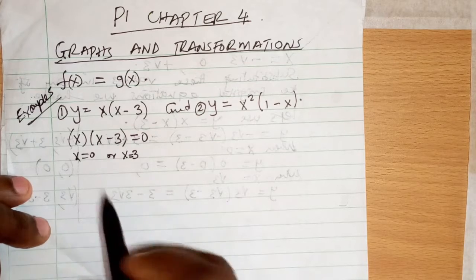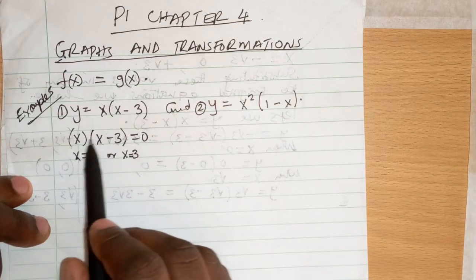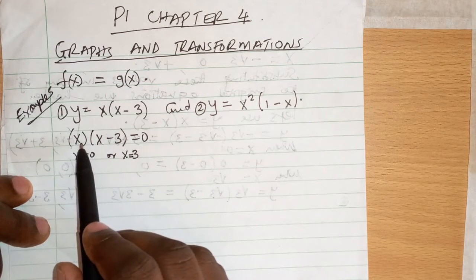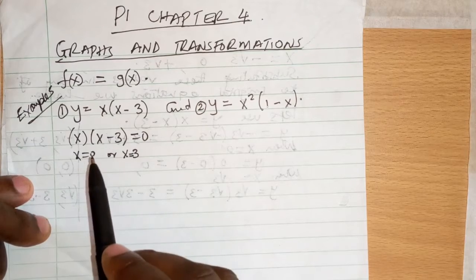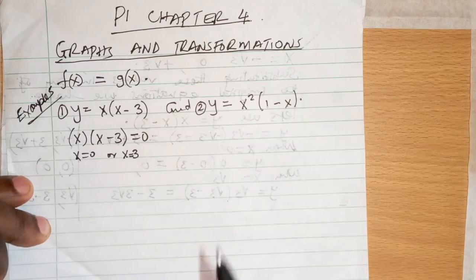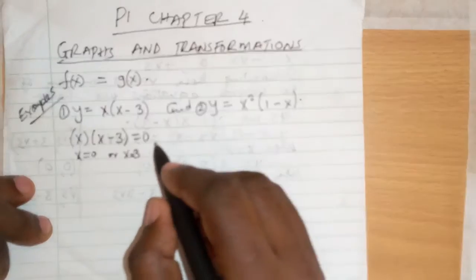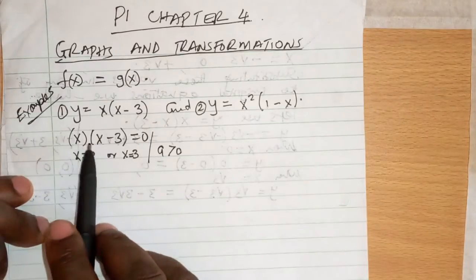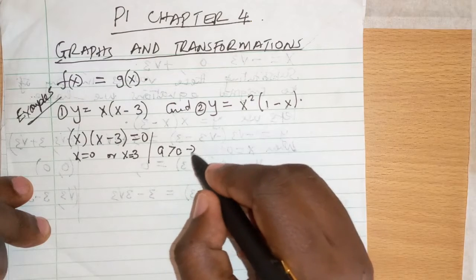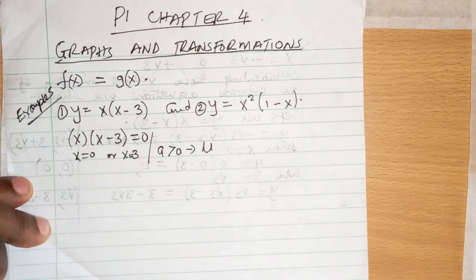Again, if you open this bracket, x times x is x squared, and the value of a is 1, meaning a is greater than 0, so we expect a U-shaped graph.